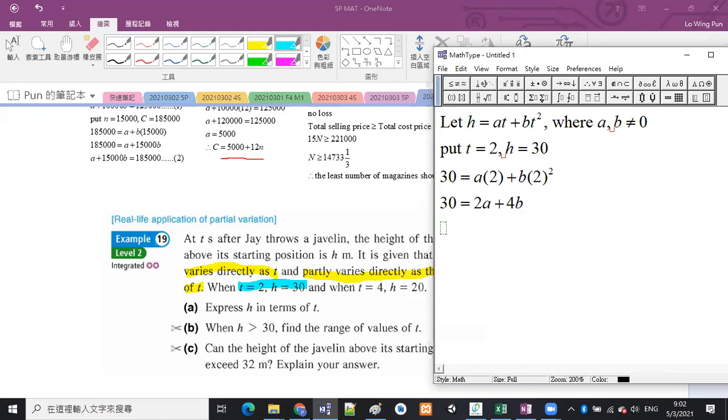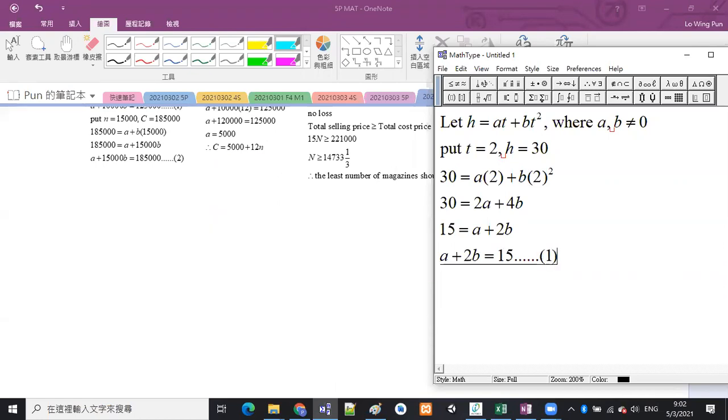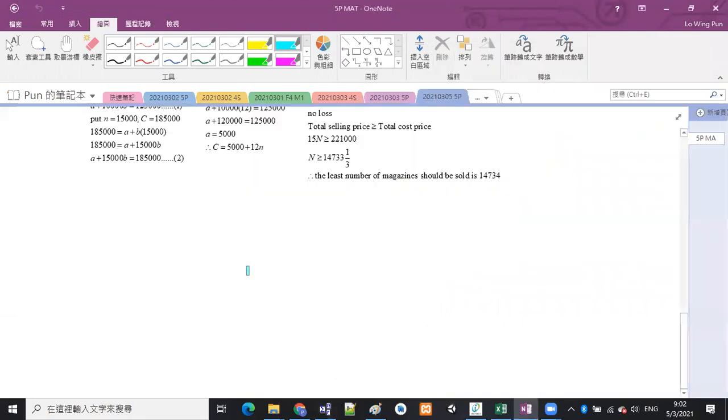And then, can you see that there is a common factor which can be cancelled by each other? So the common factor is 2. So we cancel out 2 from each term. So 30 over 2 is 15, and then 2a over 2 is a, plus 4b over 2 is 2b. Sorry, 2b. And then write the unknowns on the left, the numbers on the right, and label this to be equation 1.